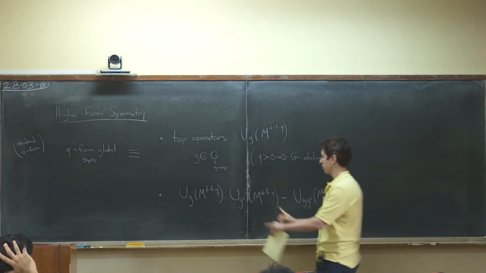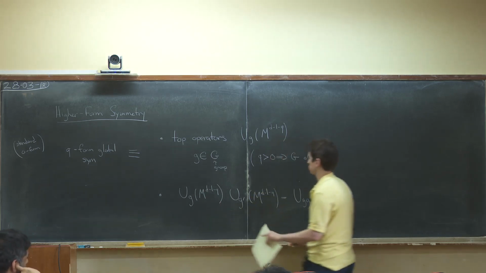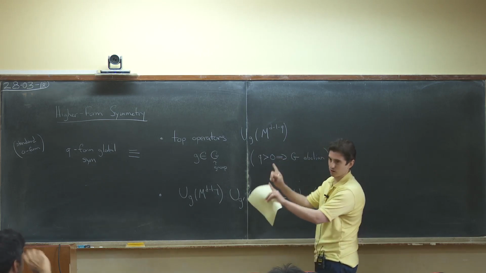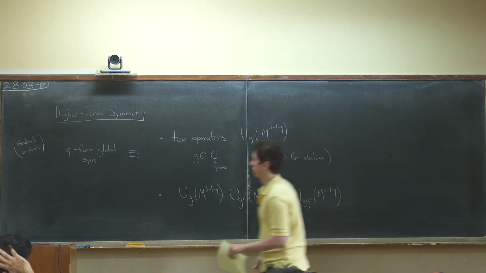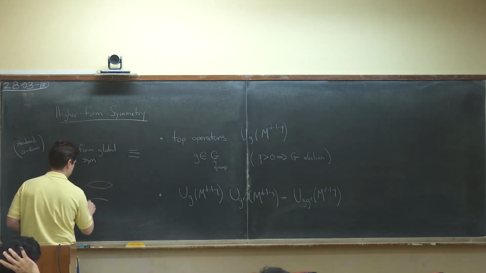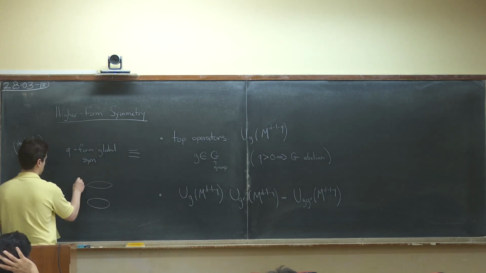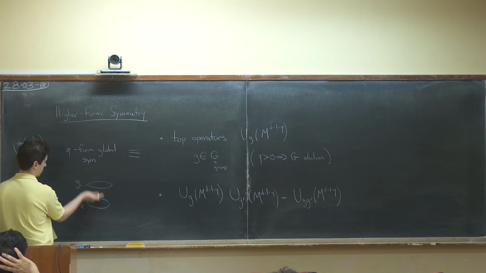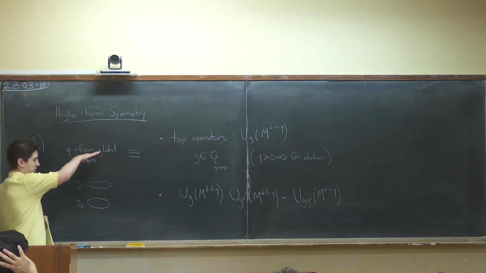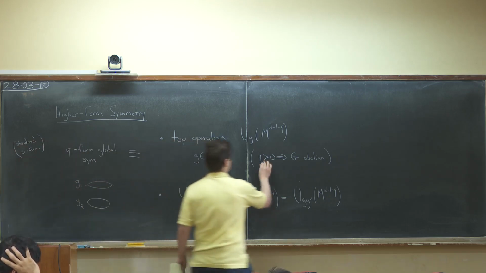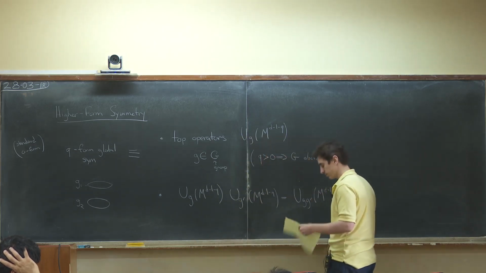Now if Q is greater than 0, you can convince yourself that there's always enough room in space-time to move these operators around each other. For instance, suppose I have two lines in 3 dimensions. This is g1 and this is g2. I would like to fuse them to consider g1 g2. But since everything is topological, I can just move this one around and then get g2 g1. So higher form symmetries are necessarily abelian.